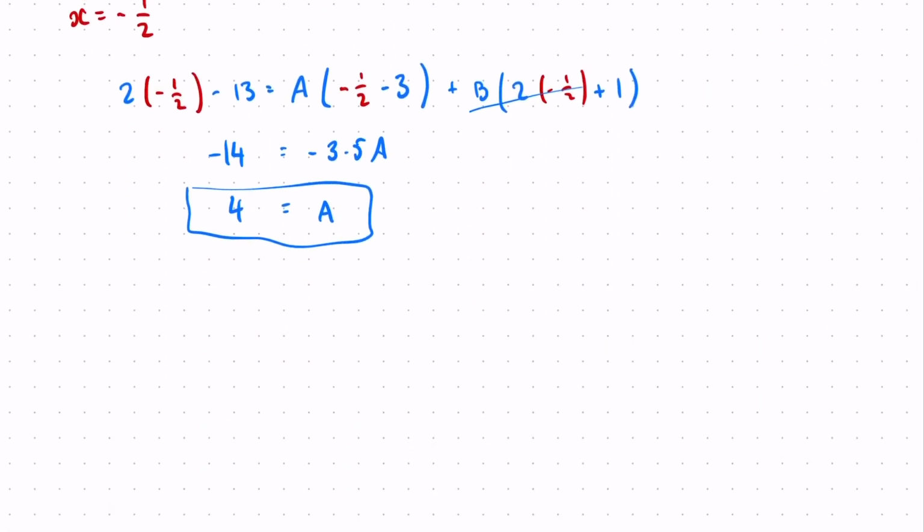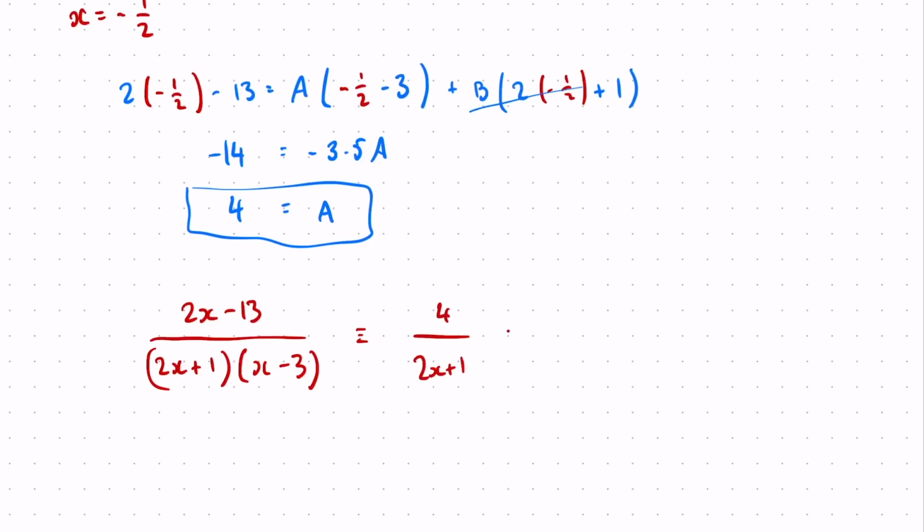So the final solution is 2x minus 13 over (2x plus 1)(x minus 3) is equivalent to 4 over 2x plus 1, minus 1, because my b was minus 1, over x minus 3. And that's the solution.